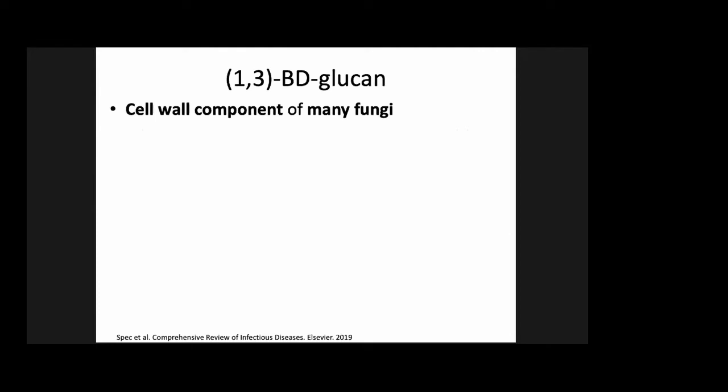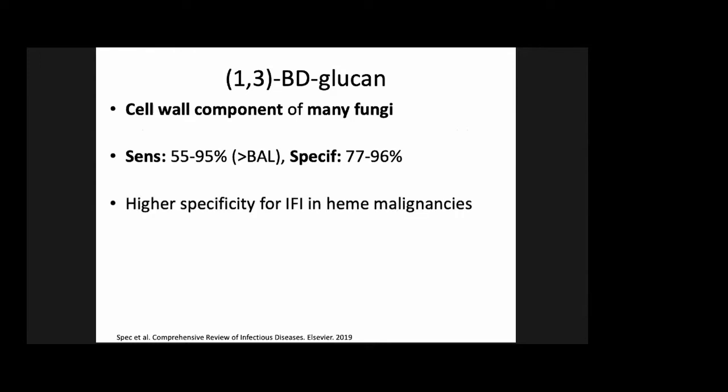So what is the 1,3 beta-D-glucan? This is a cell wall component of many fungi. Something that you should know is that the sensitivity and the specificity of this test varies a lot depending on the host, and it usually tends to be more sensitive in samples from the BAL, but even in the BAL, the sensitivity can go between 70 to 90%, and the specificity can go between 77 and 96%.